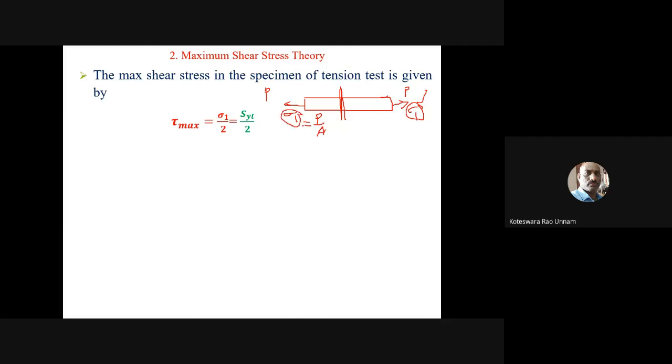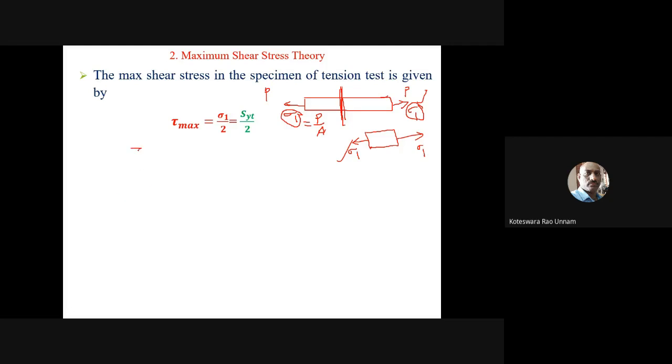Now, if sigma 1 is the principal stress, and I show the state of stress for this case, I have only sigma 1. If I take any cross section and show the state of stress on it, it is something like this, sigma 1. Now, for this case, I need to compute the maximum shear stress.